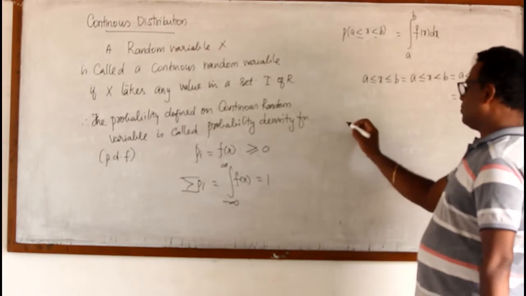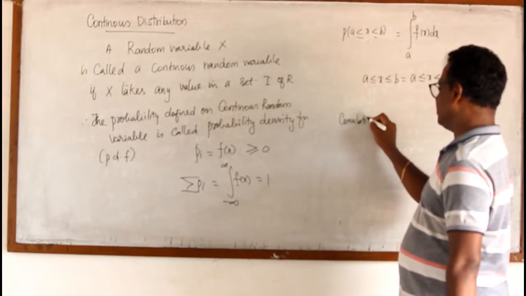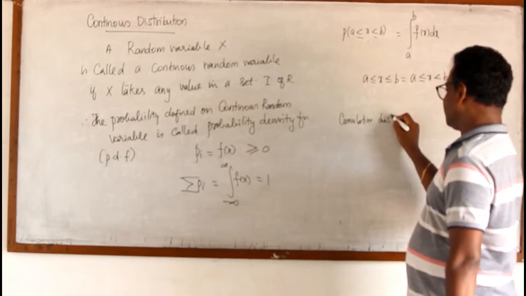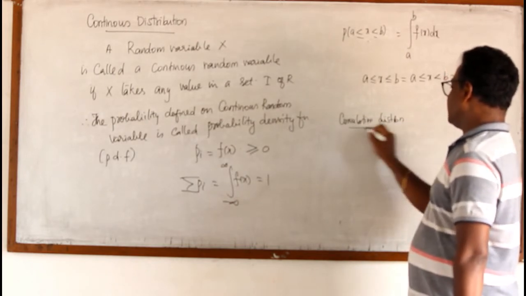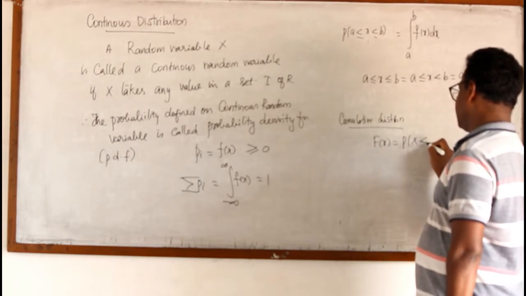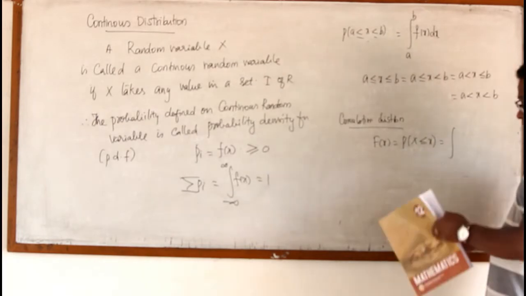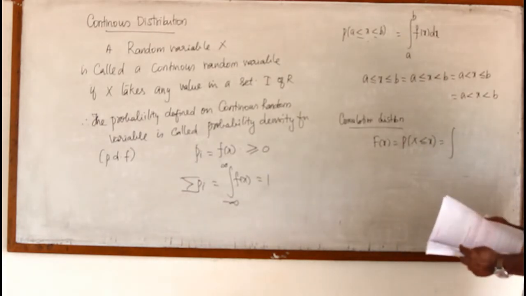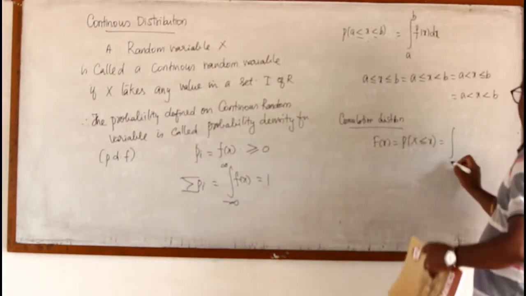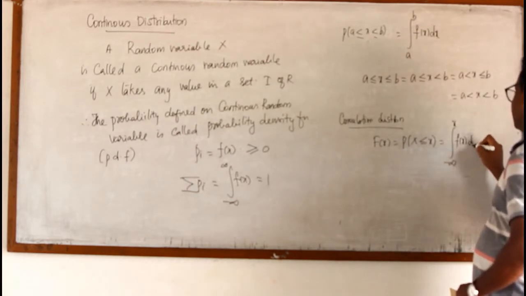Regarding the continuous distribution function, that is cumulative distribution function, the same thing exists. Cumulative distribution capital F of x, remember, it is P of X less than or equal to x. It is written as an integral from minus infinity to x of f of x dx.